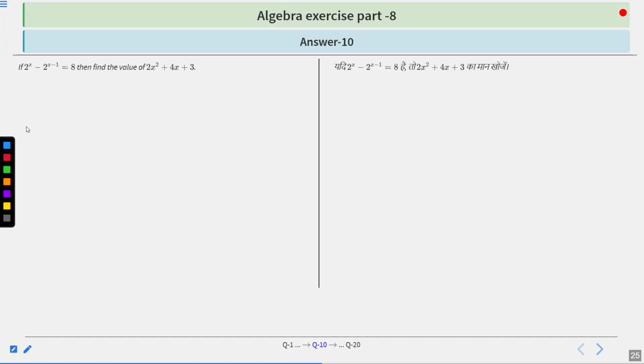We were given that 2 raised to power x minus 2 raised to power x minus 1 is equal to 8, and the value of 2x square plus 4x plus 3 has to be found. The correct answer to this question is option number D, 51.